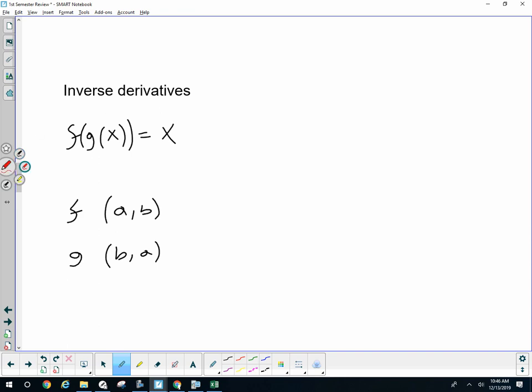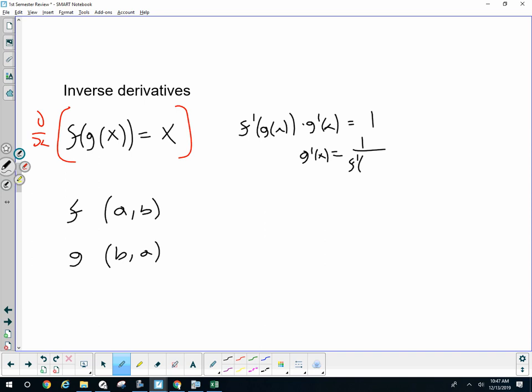But if you look at the derivatives of this, we get this equation. Now this equation is going to maybe not make sense to us, but I'll show you what happens. Now I have to take the derivative of this using the chain rule, and the derivative of x is 1. I'm going to divide by the f prime of g of x, and I get this.